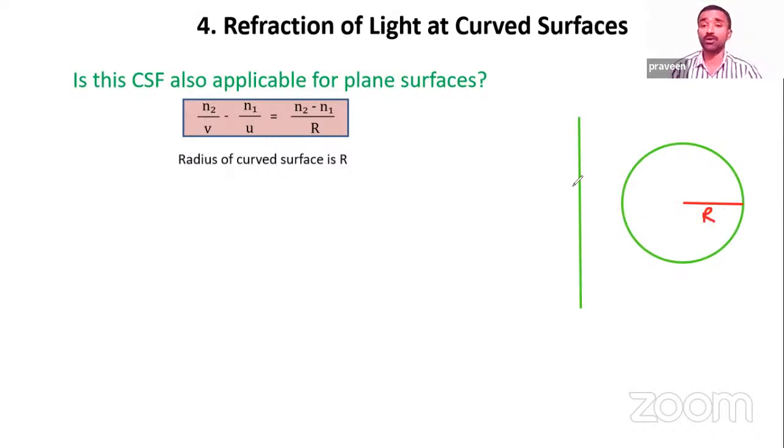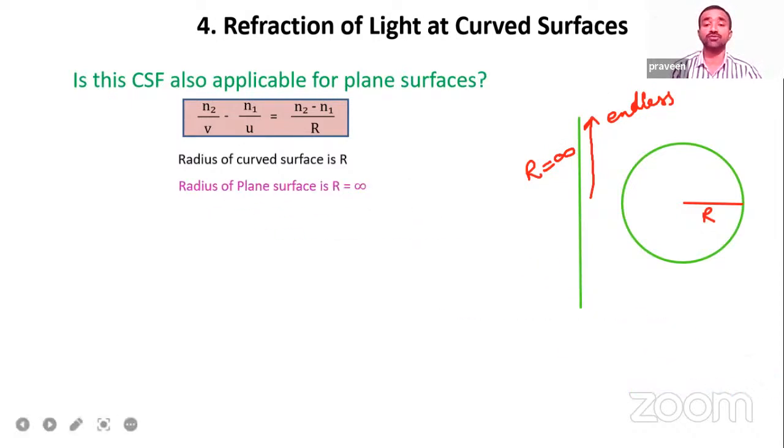Then what about a plane surface? You start from a point and keep moving continuously, endlessly. So we take the radius of curvature of a plane surface as infinity, undefined, unable to measure. So r equals infinity.